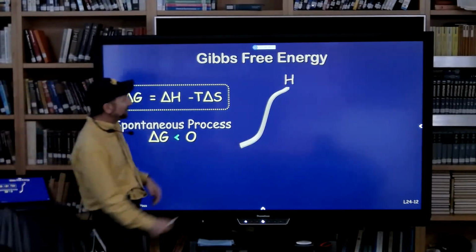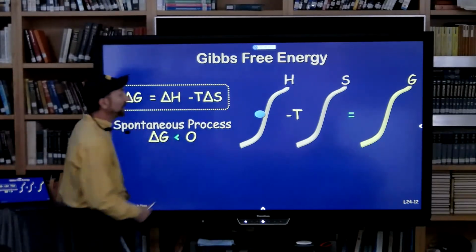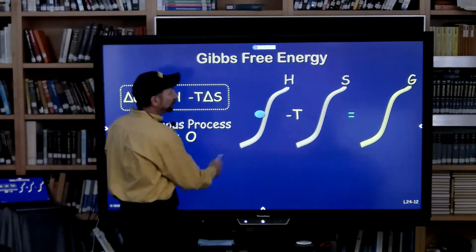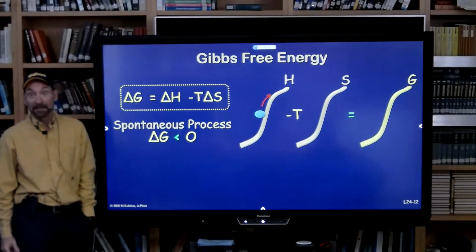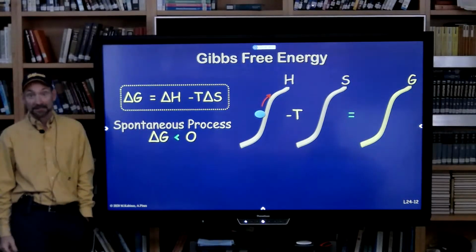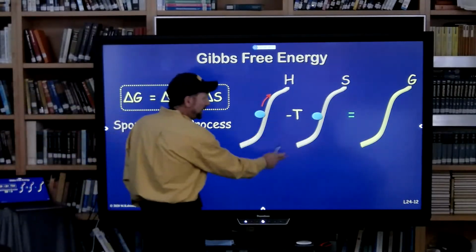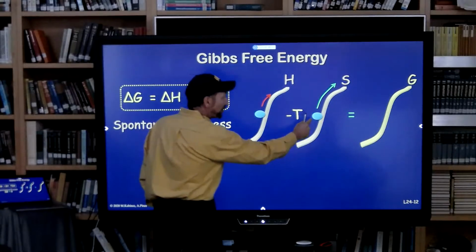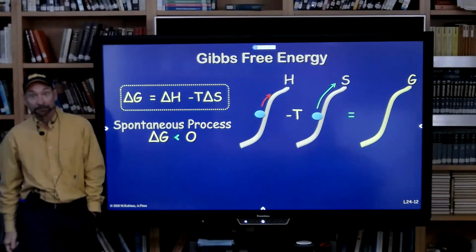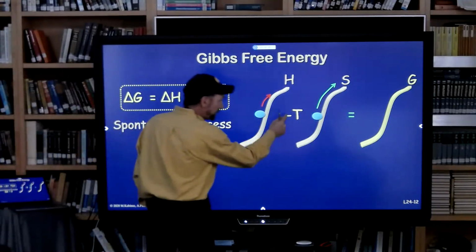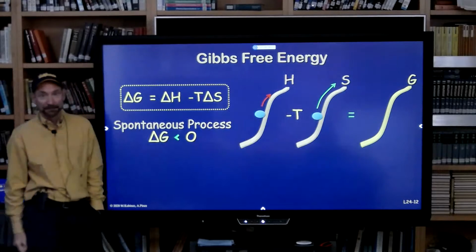So you can have this situation where you're on enthalpy hill and you have an endothermic process. You're going up the hill as the reaction proceeds. So the reaction is absorbing energy from the surroundings, but as long as there's also an increase in entropy going uphill, you're going to multiply that by minus T, minus the temperature.